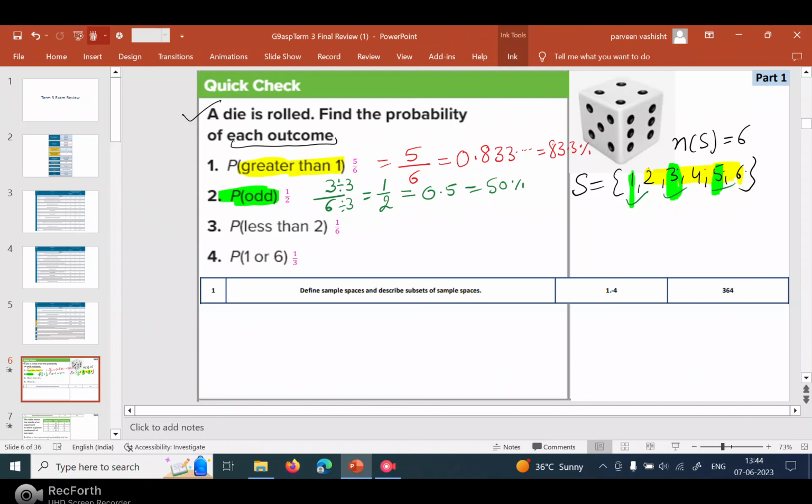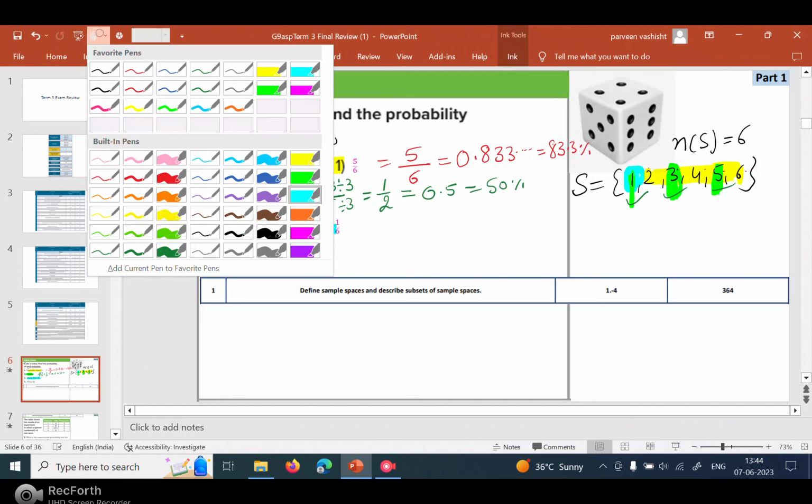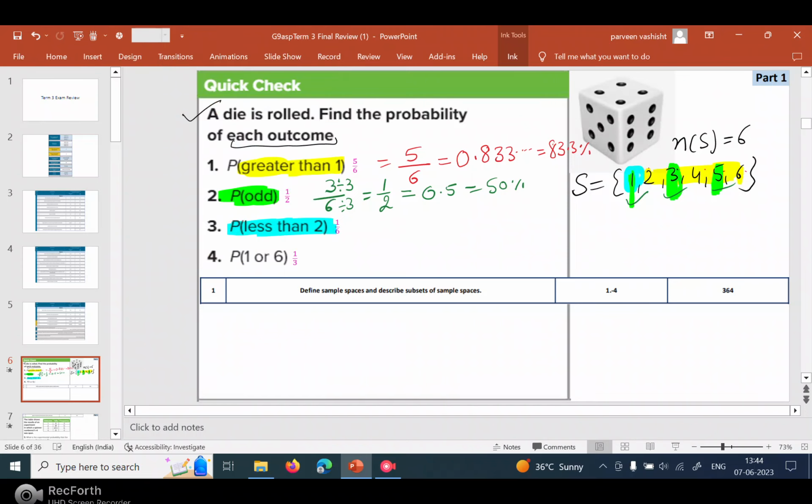You can calculate it. Next question is, find the probability of a number which is less than 2. How many numbers are less than 2? Only one number. 1 is the only number which is less than 2. So my probability is 1 over 6. If you divide 1 by 6, my dear students, you can use a calculator, but the calculator is not allowed.